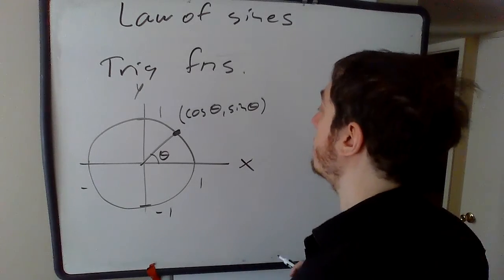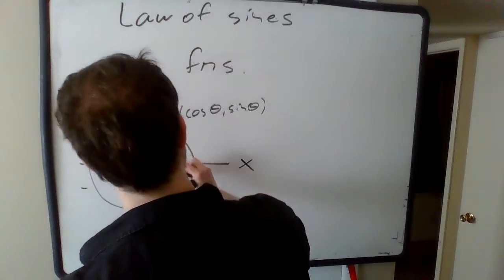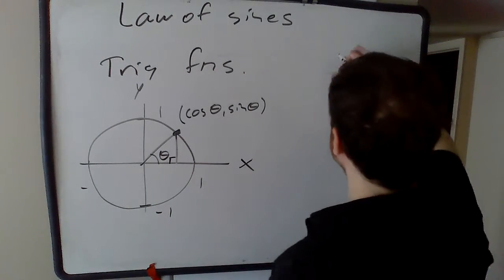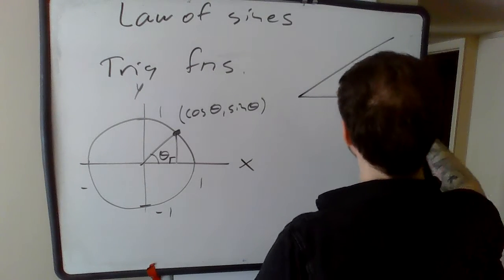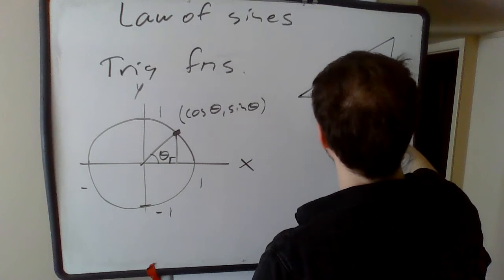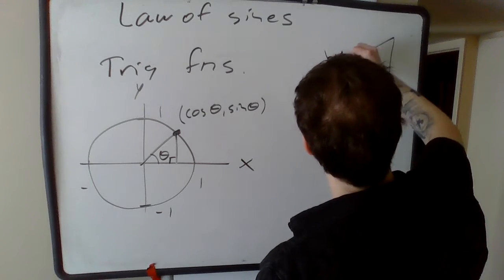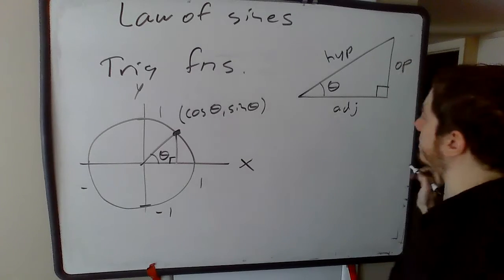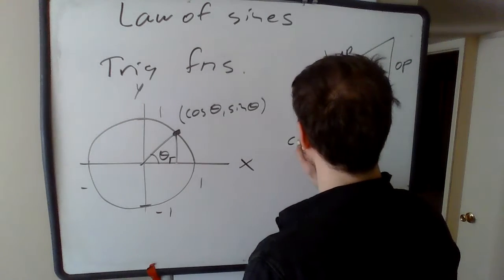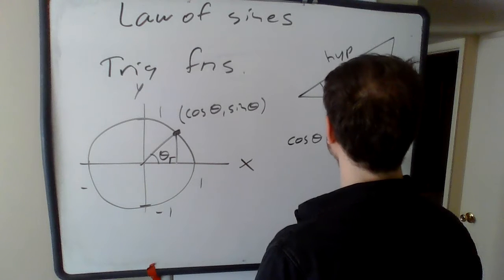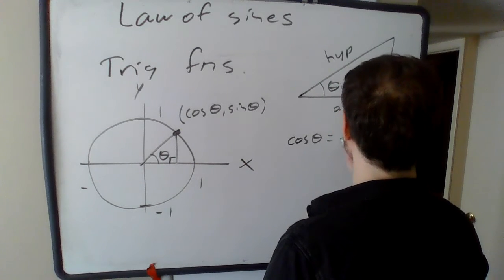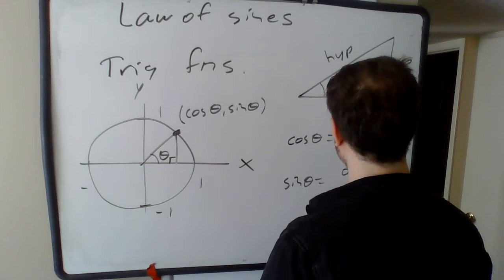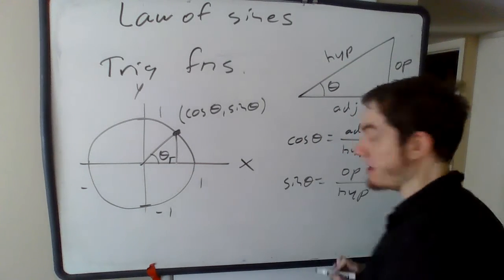Now, within this unit circle, there is this right triangle. So a second way of thinking about this is that if I have a right triangle and some angle theta, here's the hypotenuse, here's the opposite side, and here is the adjacent side, then the cosine of theta is equal to the adjacent side divided by the hypotenuse, and the sine of theta is the opposite side divided by the hypotenuse.